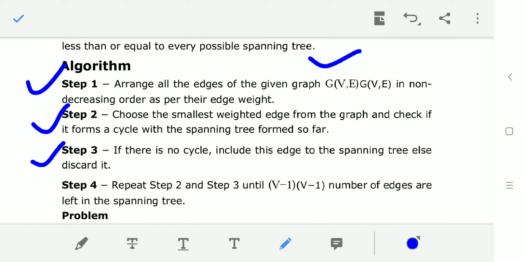Step number 3. If there is no cycle, include this edge in the spanning tree, else discard it. Step 4. Repeat steps 2 and 3 until V minus 1 edges are left in the spanning tree.